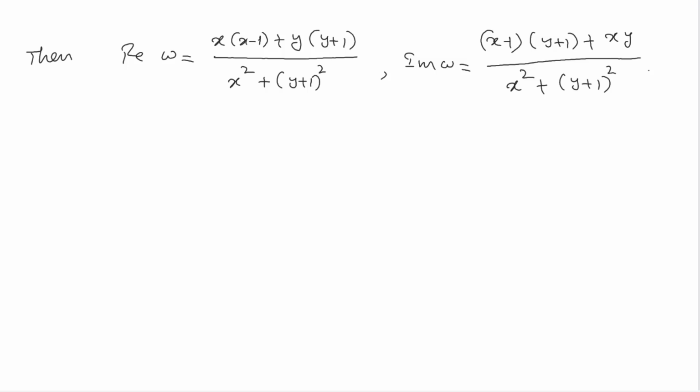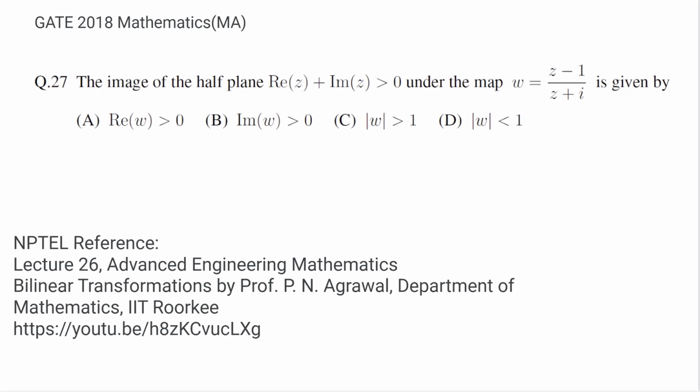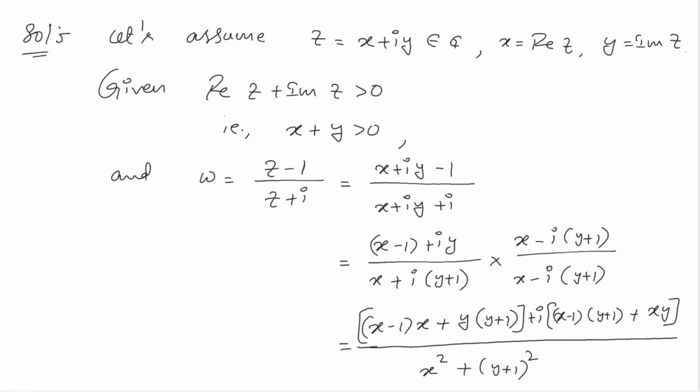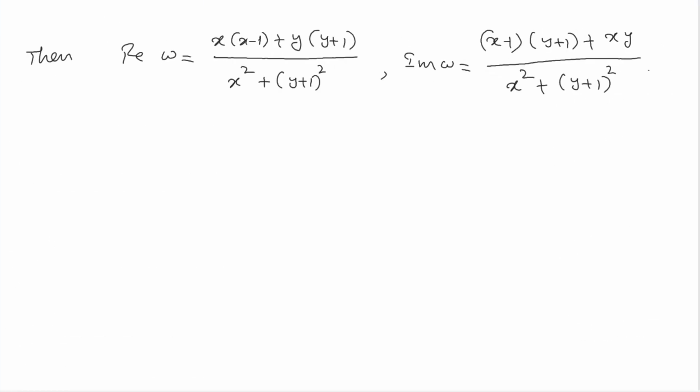Now to check the options, option A: real part of w greater than 0. To check that, we suppose we are checking what happens if real part of w is greater than 0.